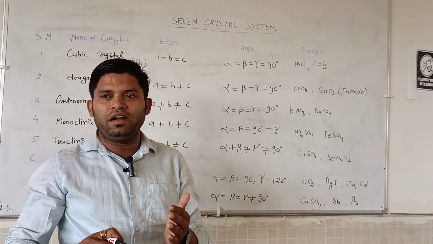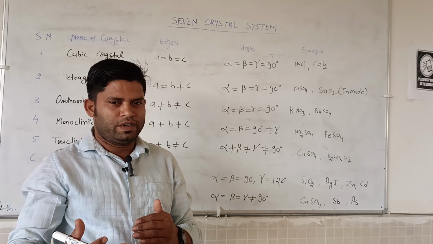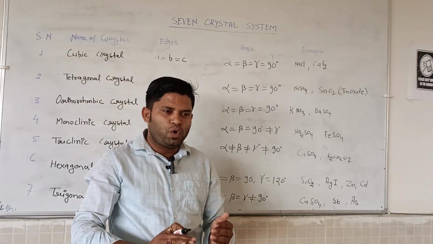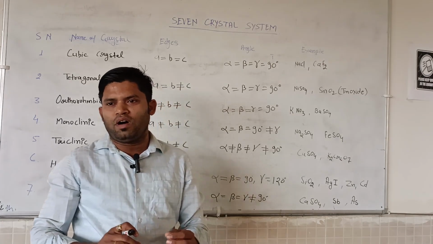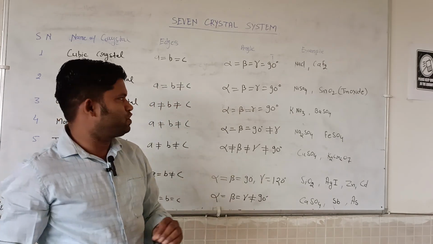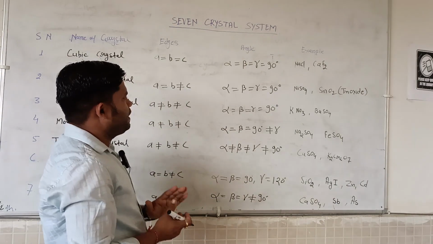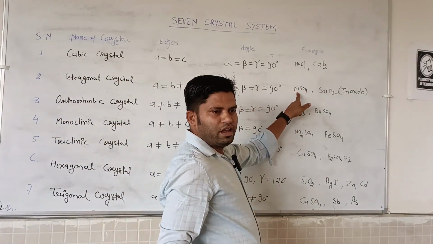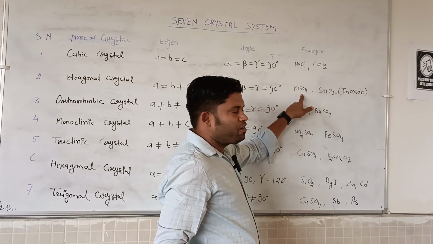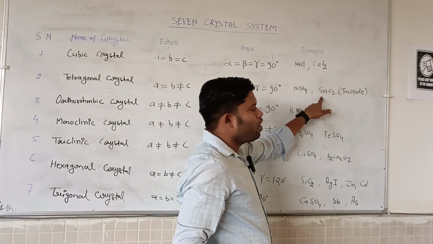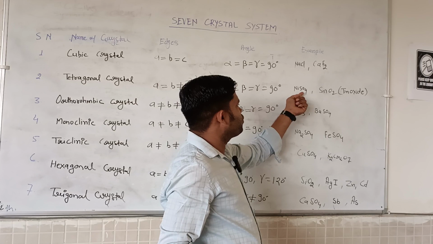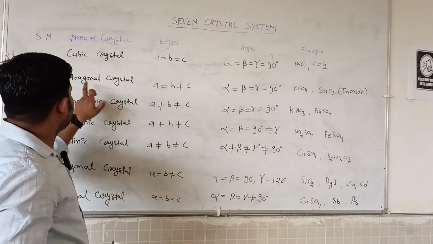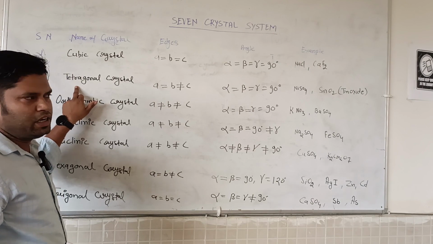NaCl and CaF2 are the examples of cubic crystal. Now tetragonal crystal, examples are nickel sulfate and tin oxide, that is NiSO4 and SnO2.